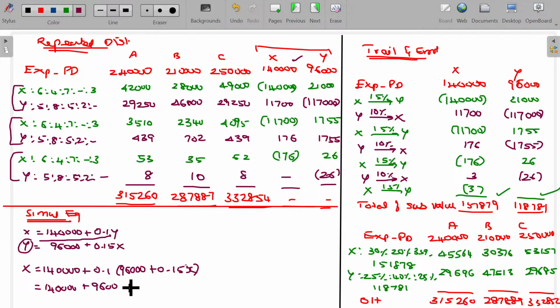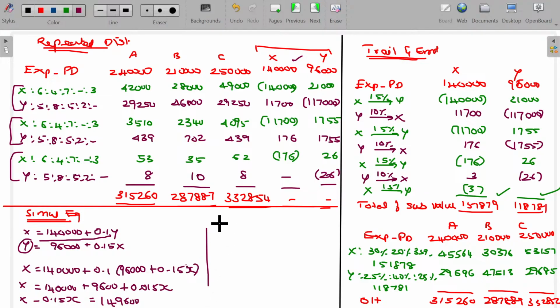If I multiply 0.1 inside, then the value being 0.015x. Now find out the value for x here. X minus 0.015x is equal to 1,49,600.